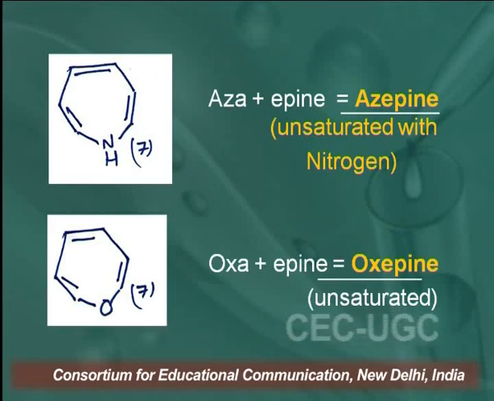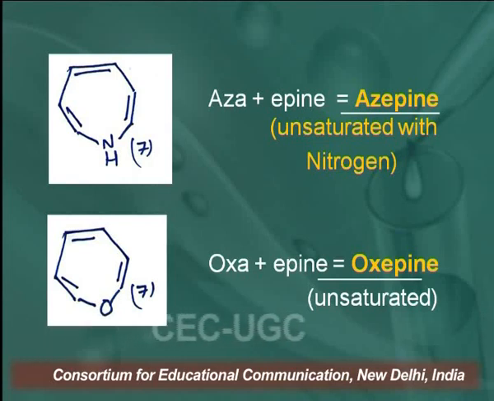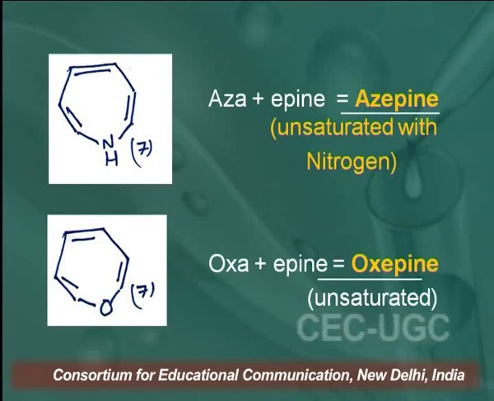As I have told you, when the ring is unsaturated and contains nitrogen, it will be aza for nitrogen, ep for the 7-membered ring, and ine for unsaturation. Drop the a from the prefix, so it will be azepine.